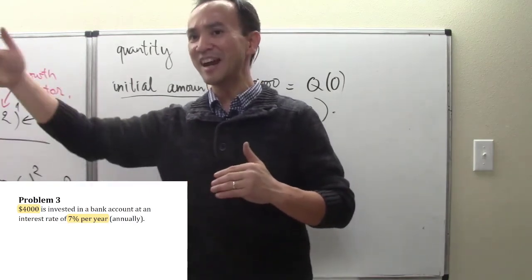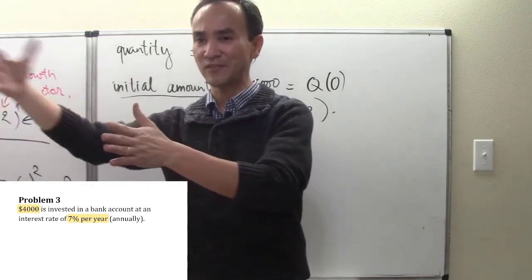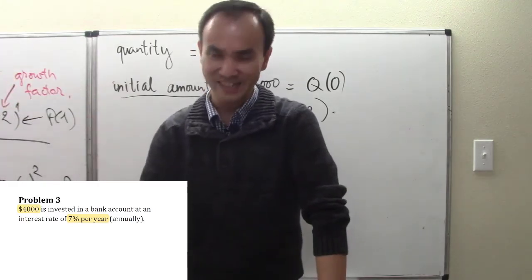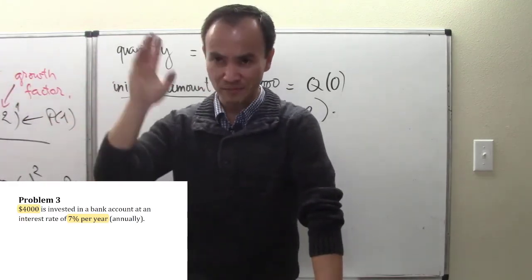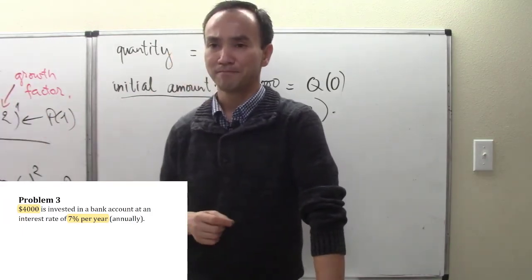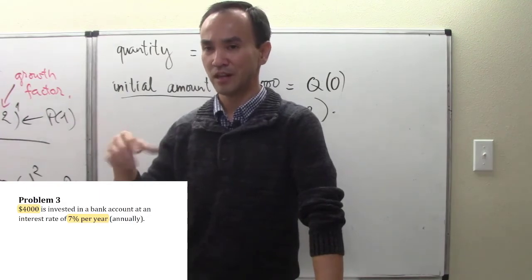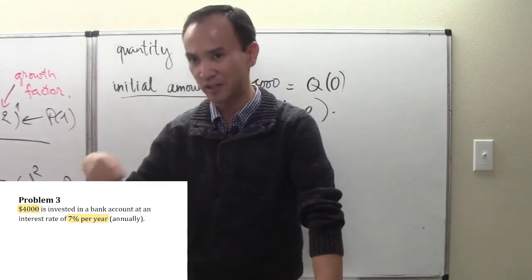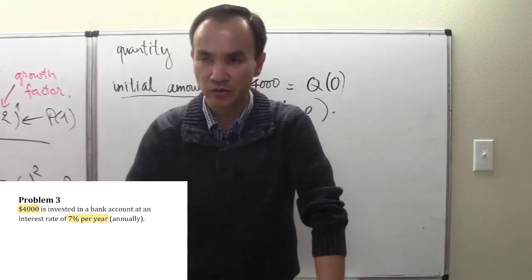And in the year after that, it's going to grow another 7% of what you have at the end of next year. Interest is what the bank pays us for lending them the money, and the rate indicating how fast it grows is called the interest rate.